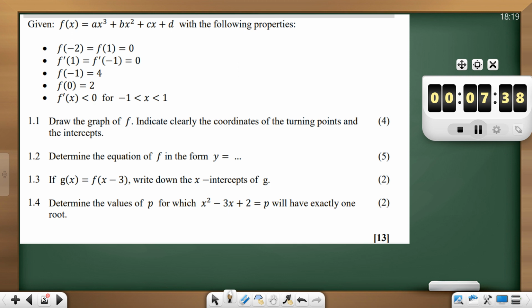Guys, it's all about understanding the parts of a cubic function.